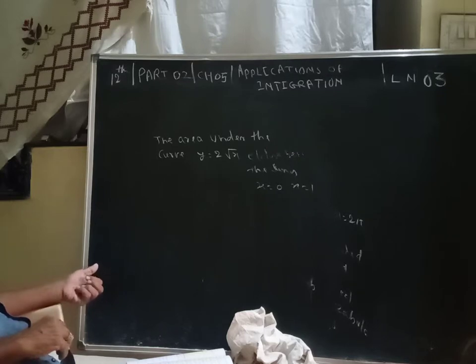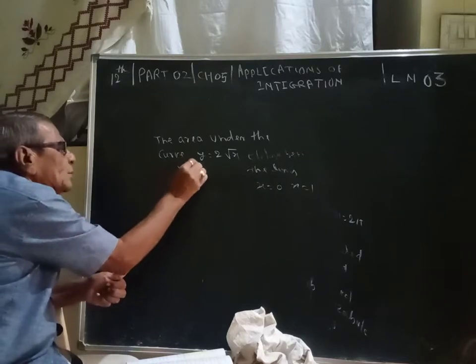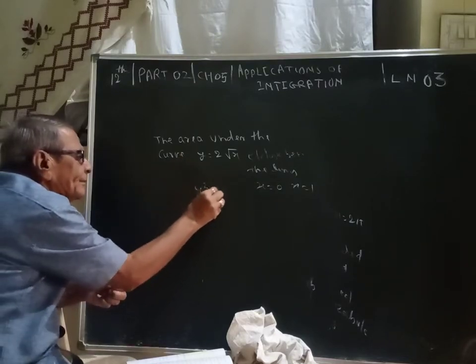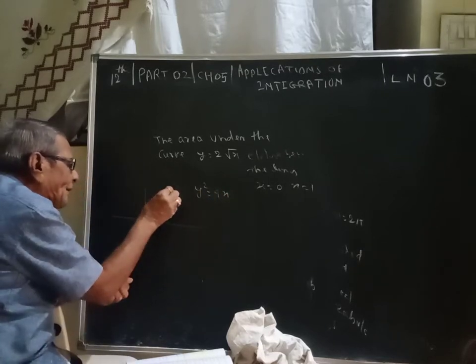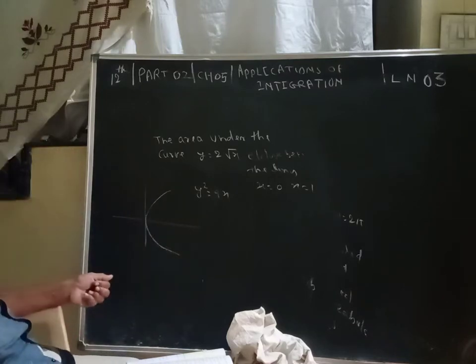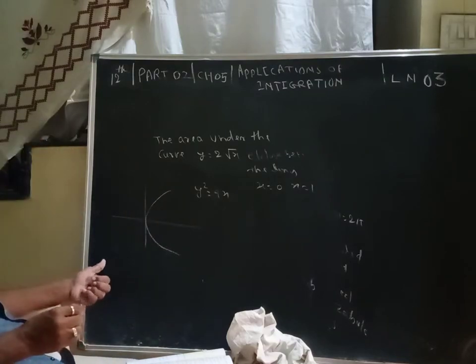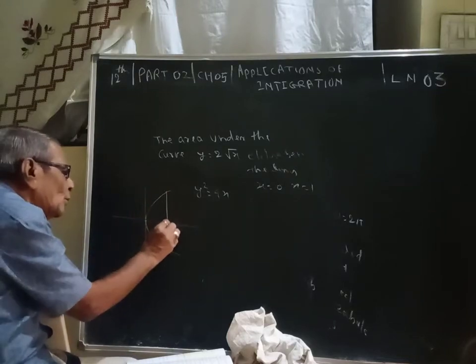The area under the curve, again this curve is y square is equal to 4x. So it is a parabola, and we want to find the area under the curve y equal to 2 root x included between x is equal to 0 and x is equal to 1.